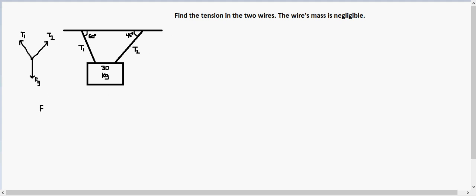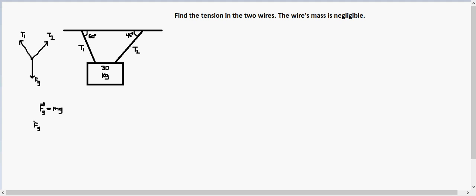So the force of gravity is mg, where m is the mass of the object and g is the acceleration due to gravity, which is about 9.81 meters per second squared. So let's plug those numbers in.